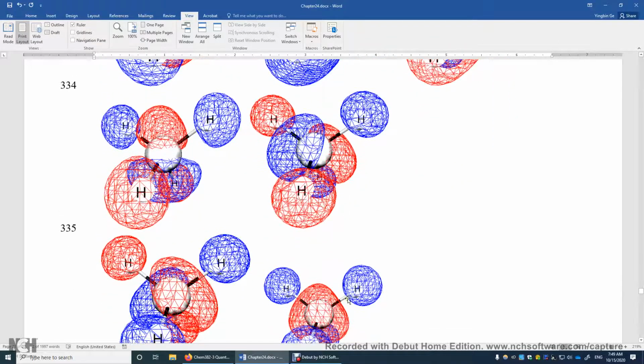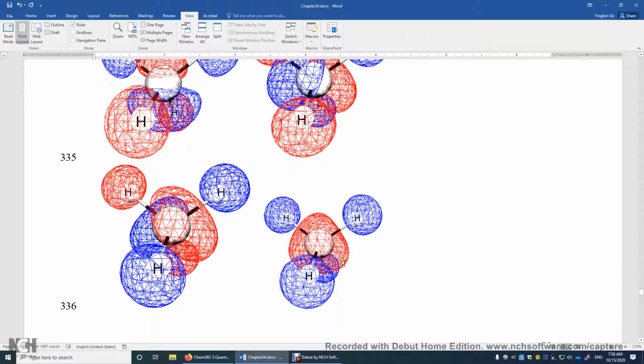These 4 are higher energy molecular orbitals. They're unoccupied, these 4. Especially this one is really clear. You have a nodal surface surrounding the 2s orbital of carbon.